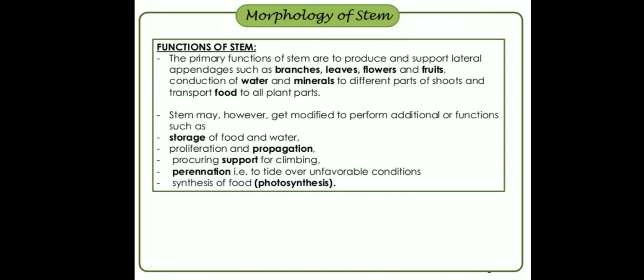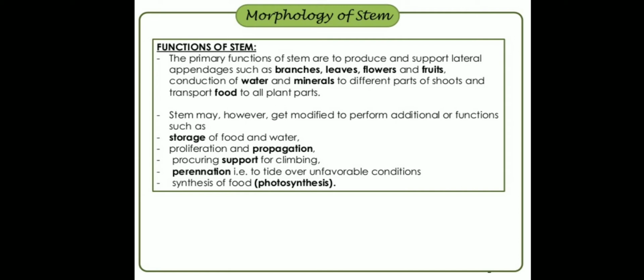Like we studied, the roots got modified to perform various functions, isn't it? Similarly, stem may get modified to perform additional functions, okay, such as storage of food and water, for proliferation and propagation, for procuring support for climbing, for perennation, okay, that is to tide over unfavorable conditions, also for synthesis of food, that is to perform photosynthesis.